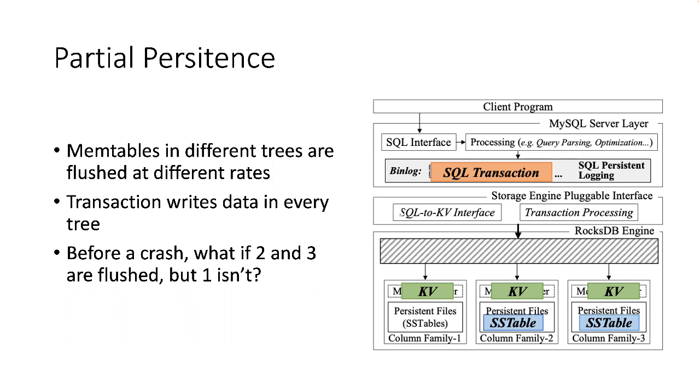But the issue here is that writes may come to column families or trees at different rates, which means that the trees themselves are flushed at different rates. So even though we have a transaction that involves all three, two of the tables might be flushed, for example, and then we crash, and then one isn't. So we have this sort of partial persistence.